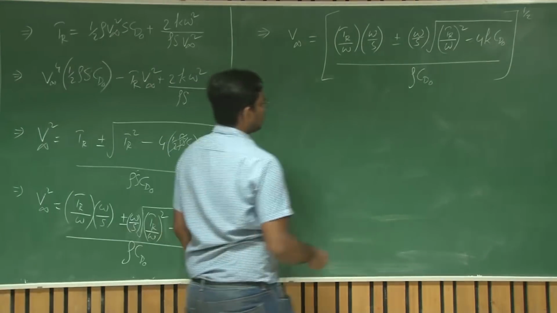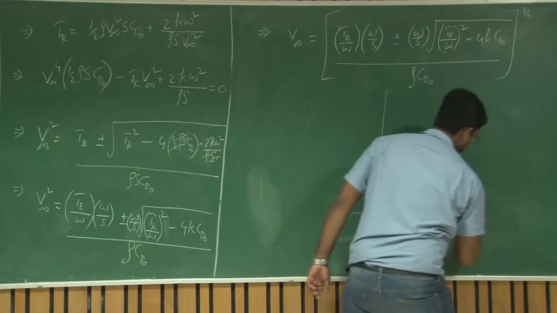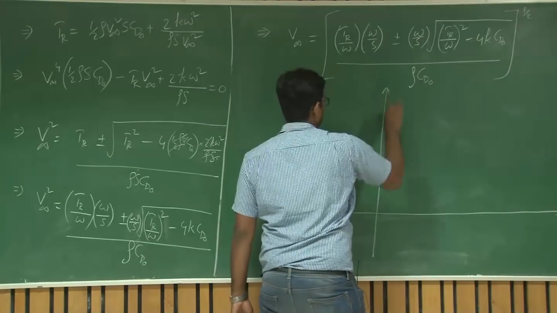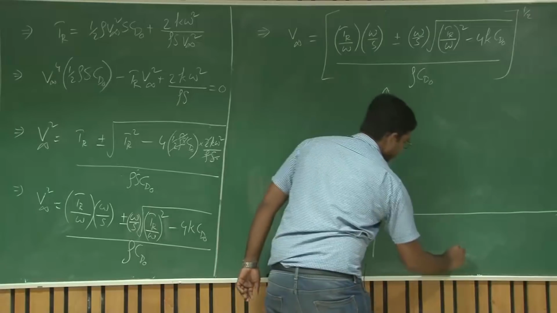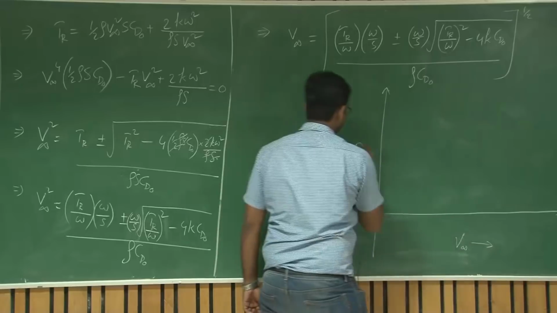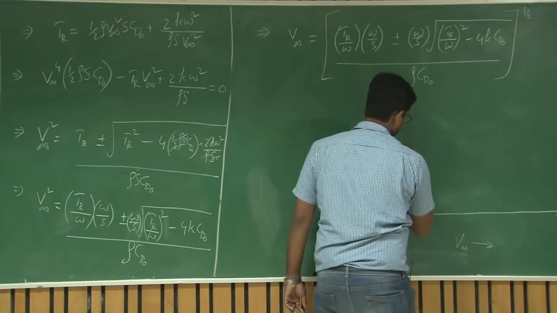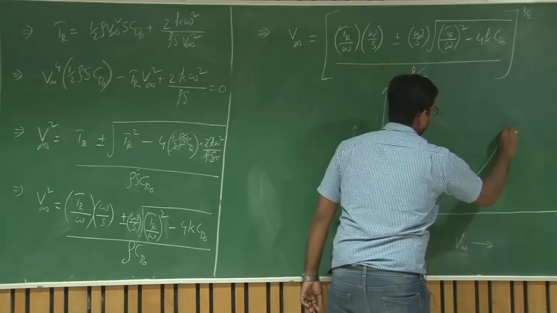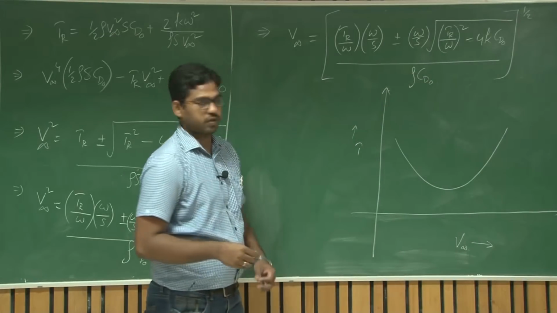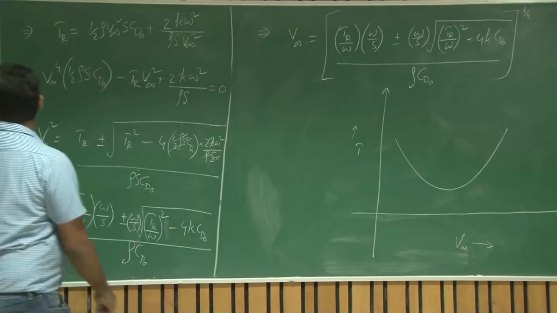Now let us look at how this thrust varies with velocity. Thrust and V infinity. It's a typical variation of thrust required with velocity, right?